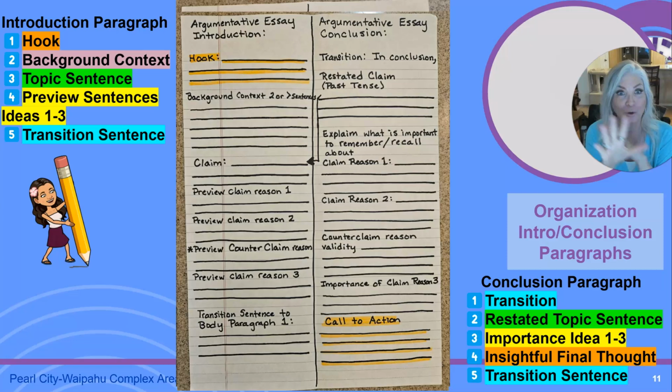And remember, the order that we said is a great order to put it in is claim, reason 1, claim, reason 2, counterclaim, then refute or rebut it, whichever one makes the most sense to you.